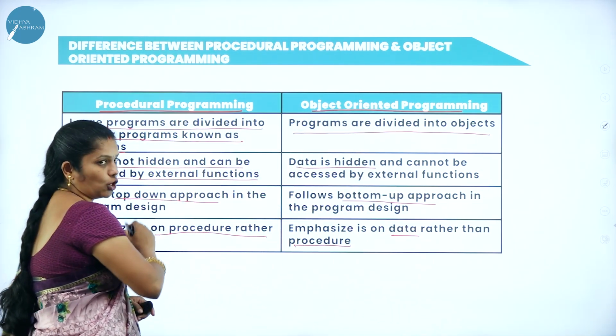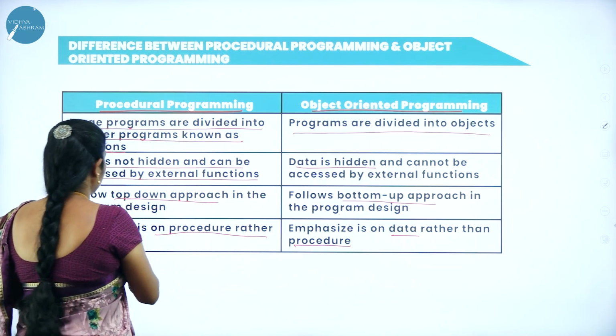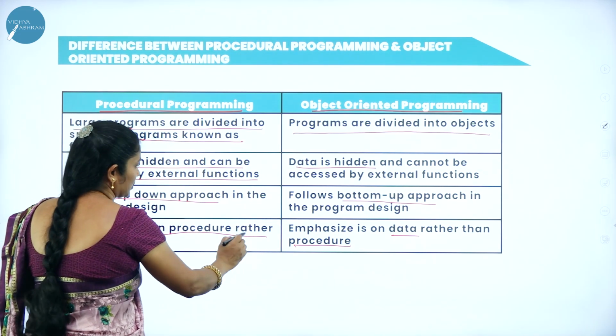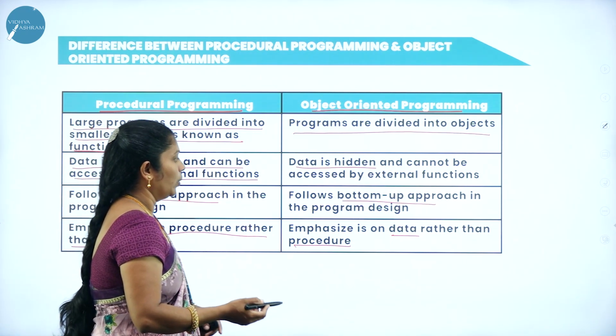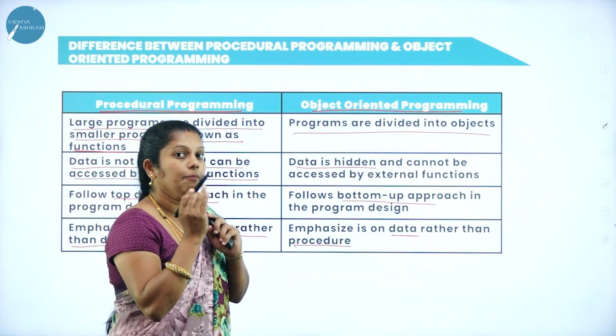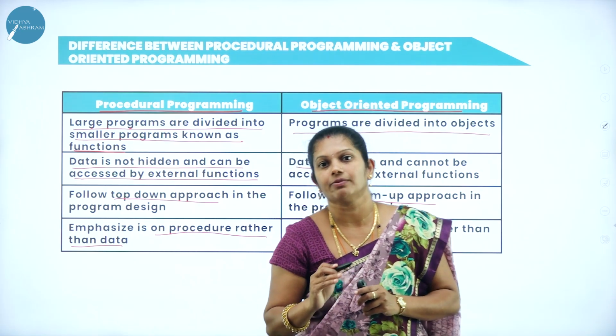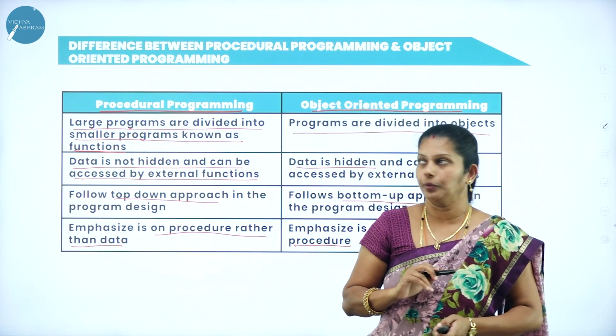Here it follows top-down, whereas here it follows a bottom-up approach. Here the emphasis is on procedure rather than data, whereas here it emphasizes data rather than procedure. These are the major differences between procedural-oriented programming and object-oriented programming.